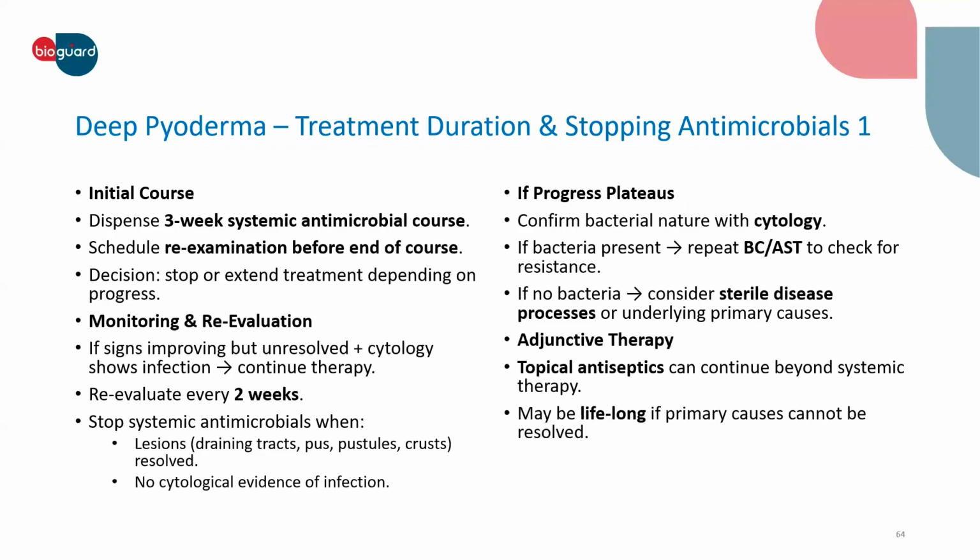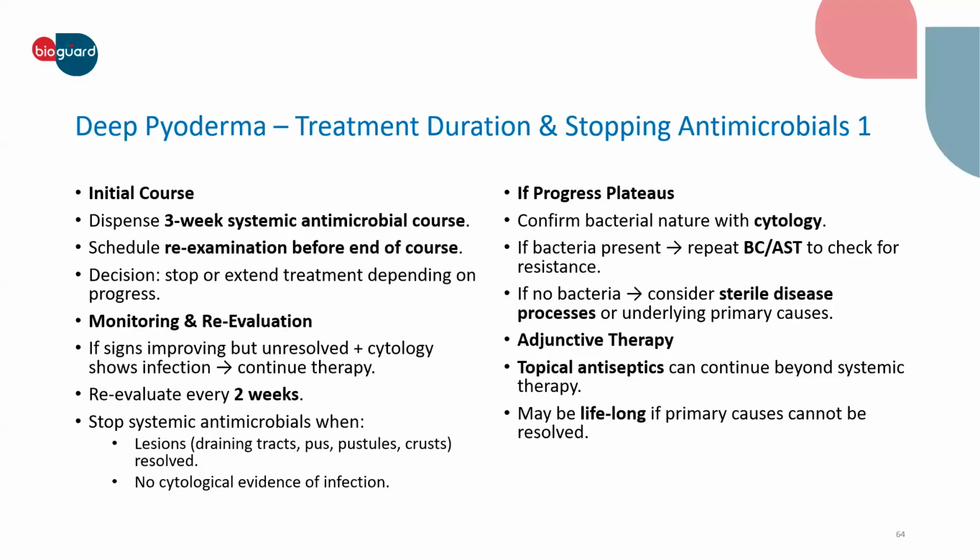And once the treatment starts, it usually requires a 3-week systemic antimicrobial course, then re-examination before the end of the course, and based on the checkup, decide to stop or extend treatment.